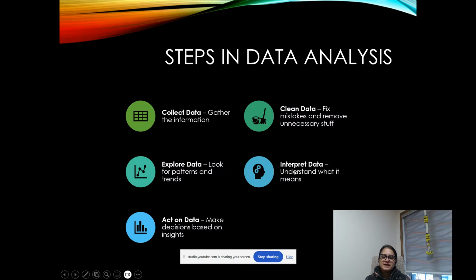And then clean the data, and interpret the data. If you are drawing any graph, you should be good enough to tell what it is doing. That is called interpretation of the data. Because if you want to become a data analyst and you are not a good storyteller, that is going to reduce your expertise.